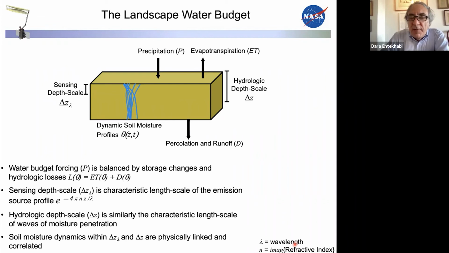It depends on wavelength and the amount of moisture in the soil, so the refractive index. So this is the characteristic length scale, which is 5 centimeters nominally. The hydrologic length scale is where the dynamics of these moisture waves dampen out. It's a different number. The question is, what is the link between these two?